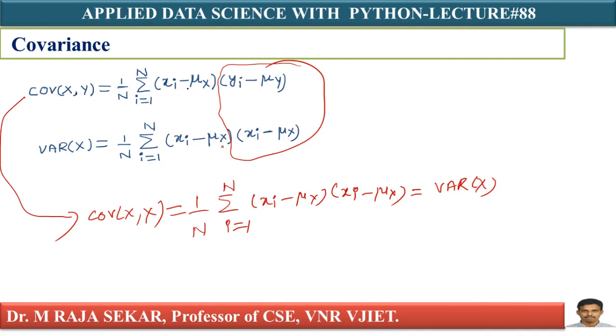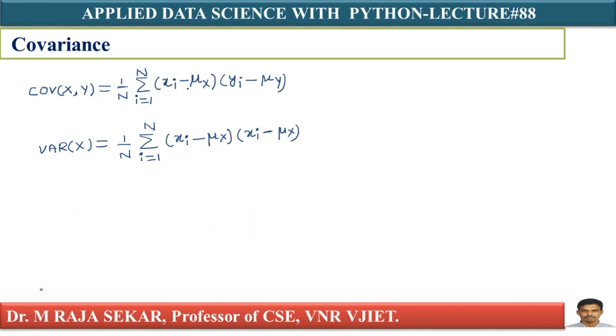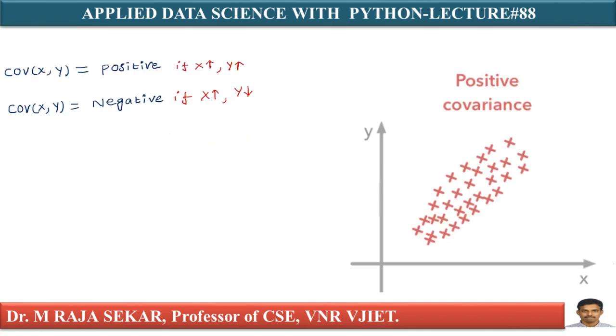Instead of whole square, here I am writing xi minus mu of x into xi minus mu of x. Therefore, covariance of x comma x is variance of x. This I already discussed in my previous lecture, lecture number 87, theoretically. This is the mathematical explanation of covariance and variance.